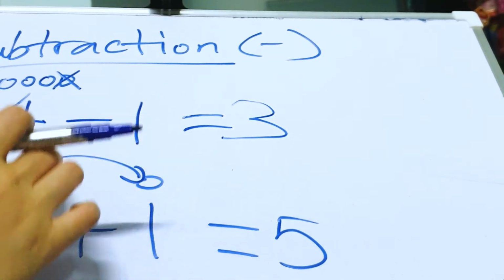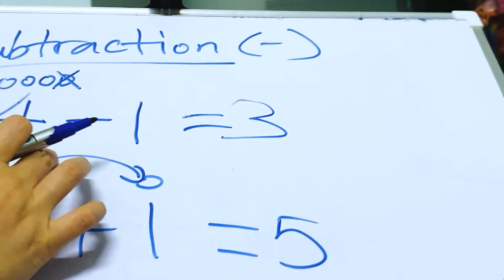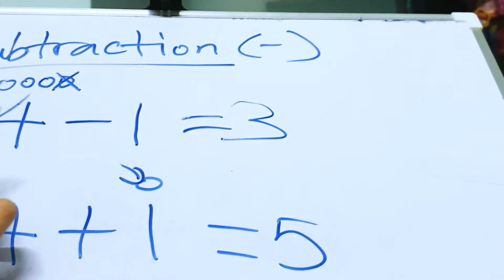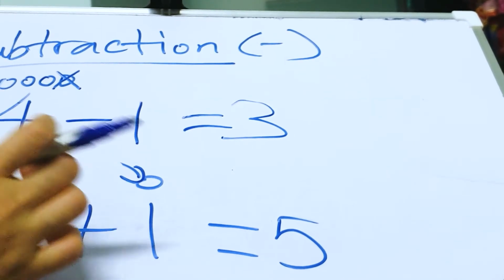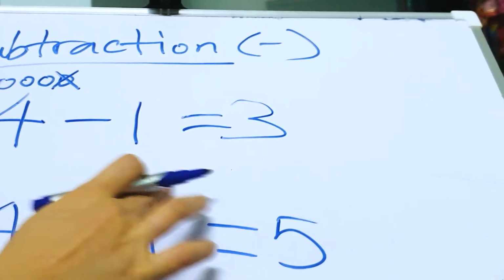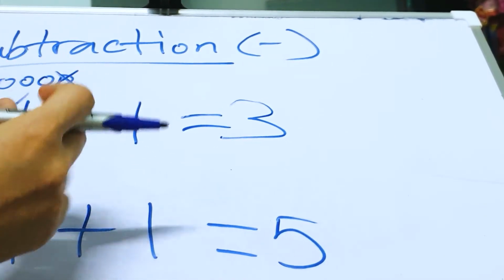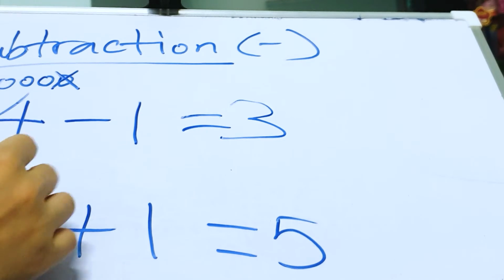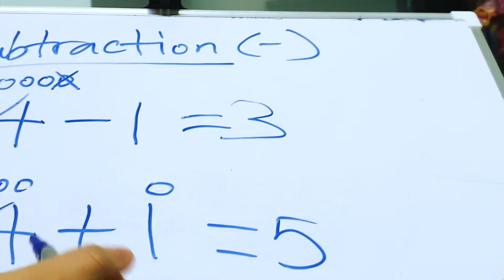Plus means you add it up. You see, I don't want to draw 4 balls. Why? Because it's wasting time. For example, in schools, you're going to draw 4 balls and then you draw 1. It's wasting time, right?